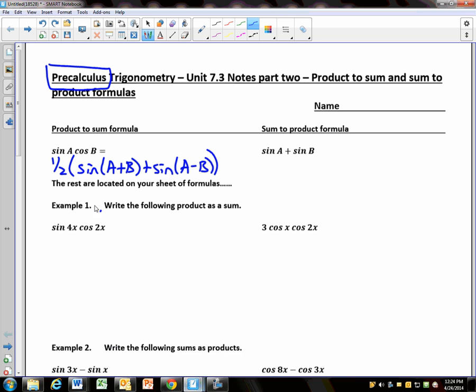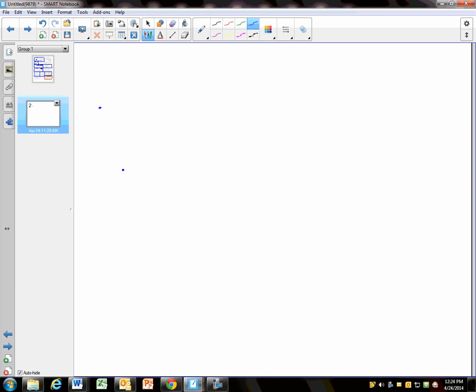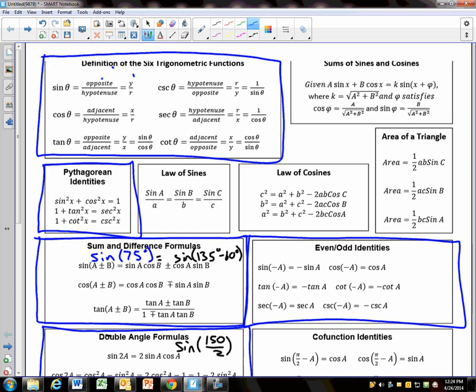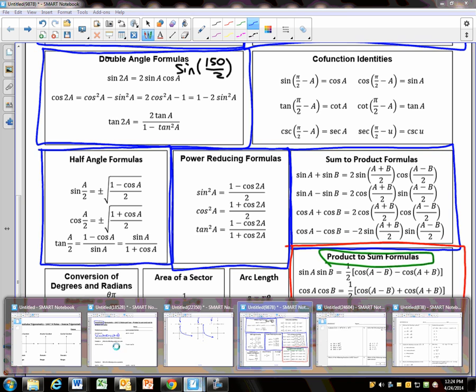Okay. So then we have sine of A plus sine of B. So I look at my sheet and I try to find the sum. Where did my sheet go? There it is. Okay. So now I'm going to go sum to product. And is that formula 1, 2, 3, or 4? It's 1. So it looks like I have sine and I have cosine. So let me write this down.